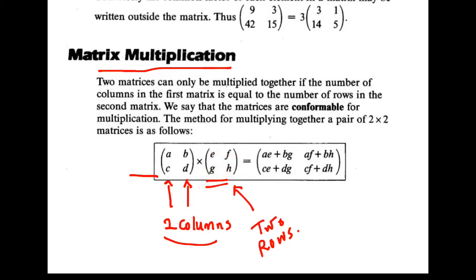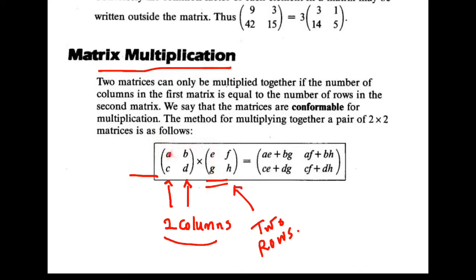I repeat, the number of columns of the first matrix, in this case 2 columns, must equal the number of rows of the second matrix. Otherwise, they are not conformable. You cannot multiply them.